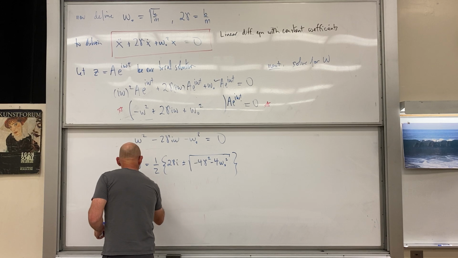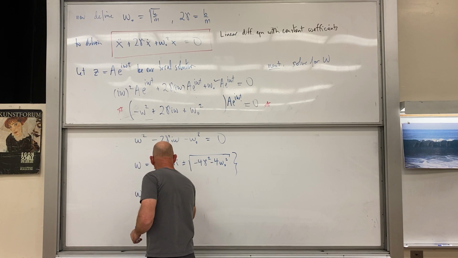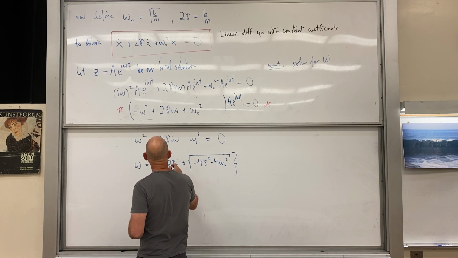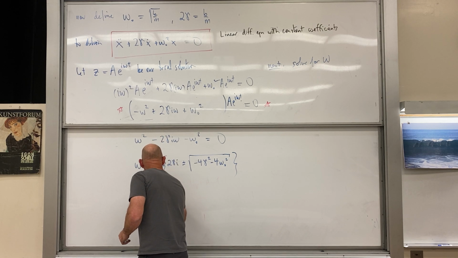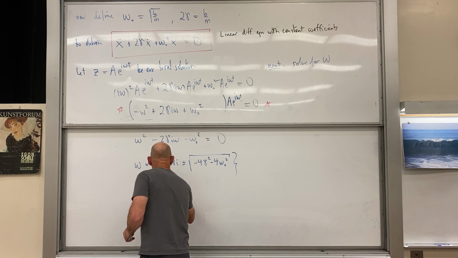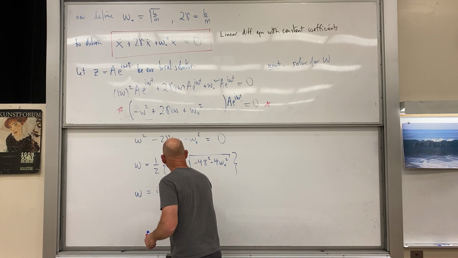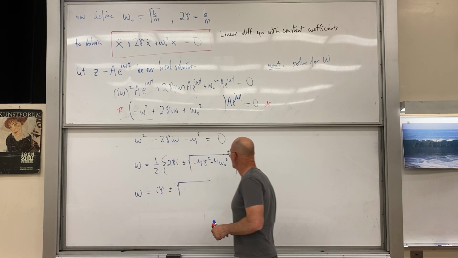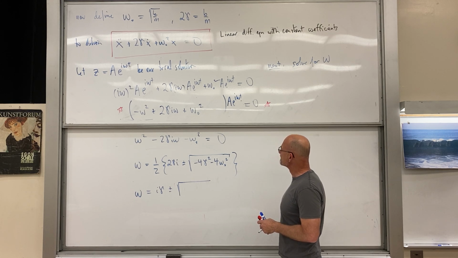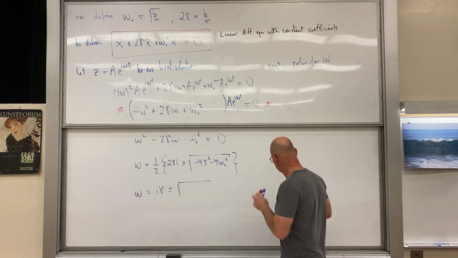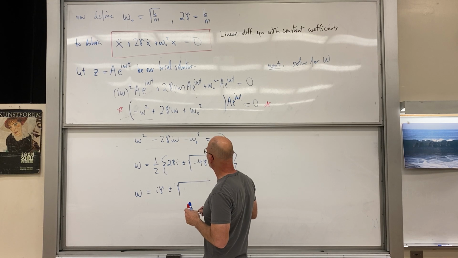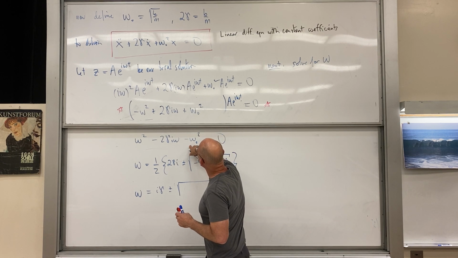So omega equals i gamma plus or minus... oh, I used the i omega t, so what do we have here?